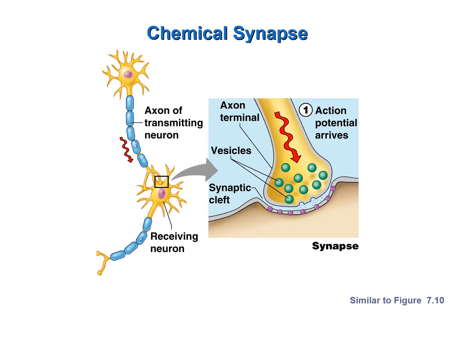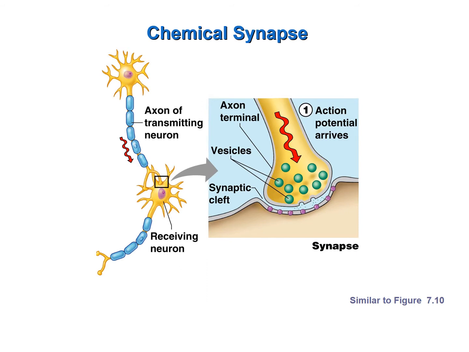So, what's occurring at this synapse? Well, we have an action potential that's moving down the axon of the transmitting neuron, and it's illustrated by the little squiggly red line. Once the action potential enters the axon terminal, it causes vesicles that contain neurotransmitters to merge with the plasma membrane of the axon and dump their contents into the synaptic cleft.